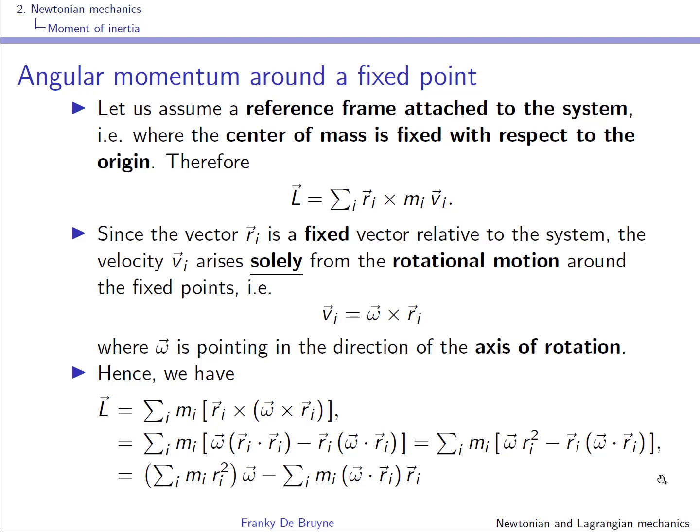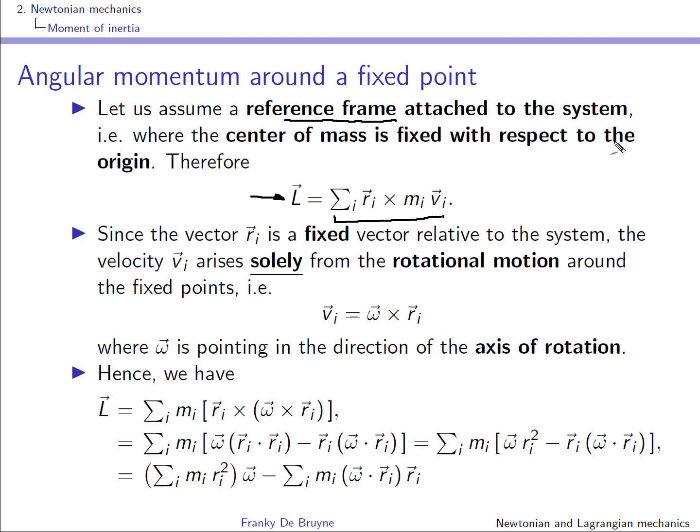In the previous video we have shown that the total angular momentum can be written as this, and here we assume that we have a reference frame that is attached to the system and the center of mass is fixed with respect to the origin.